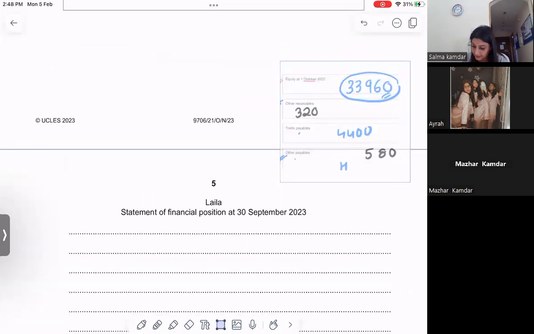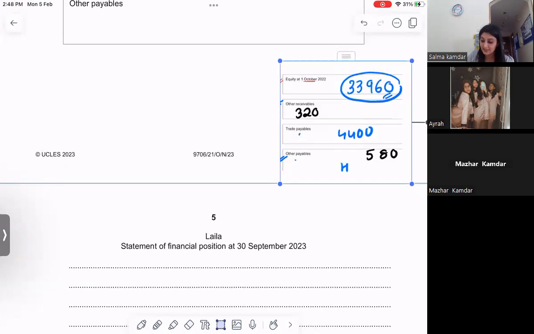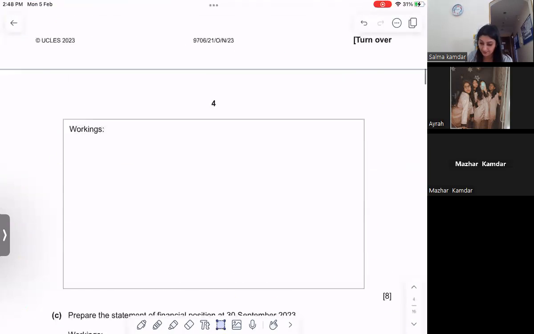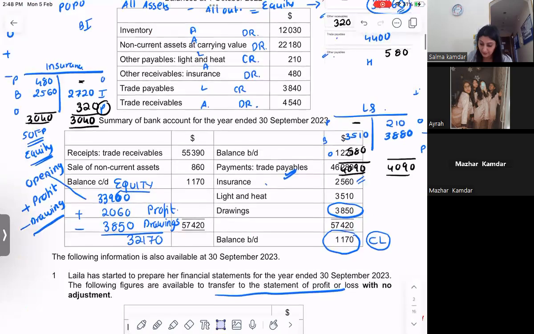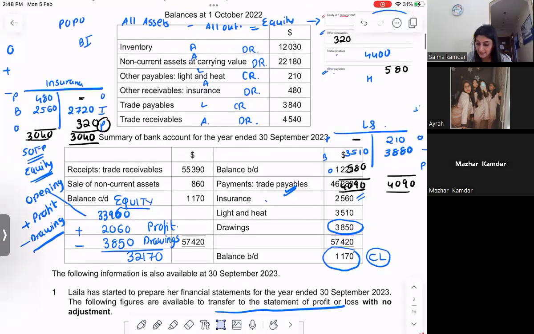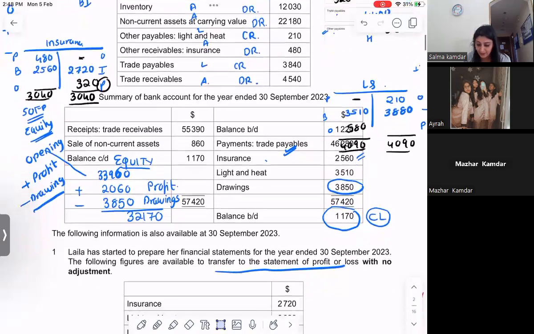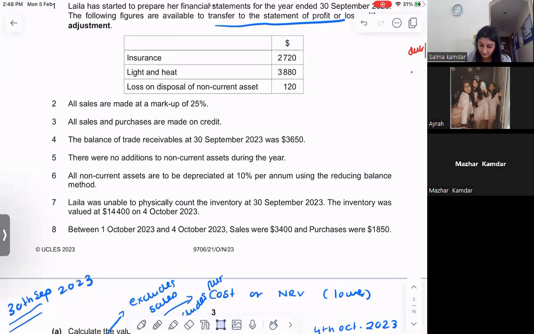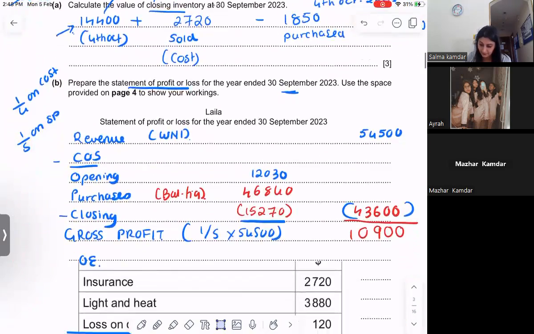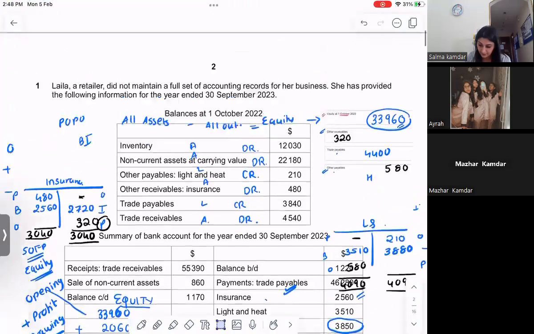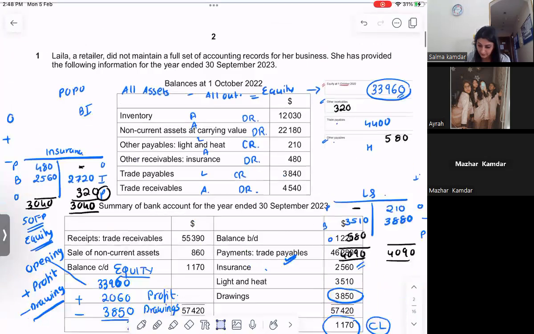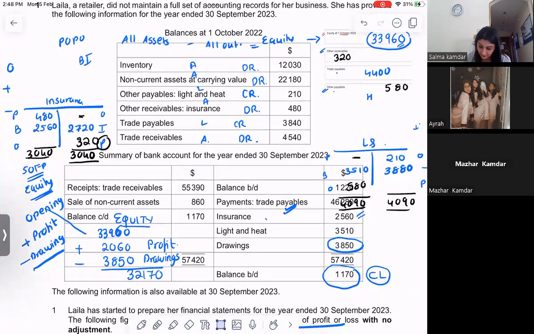Now I start with my statement of financial position. Non-current assets, what was the net book value that we got? 21,200.